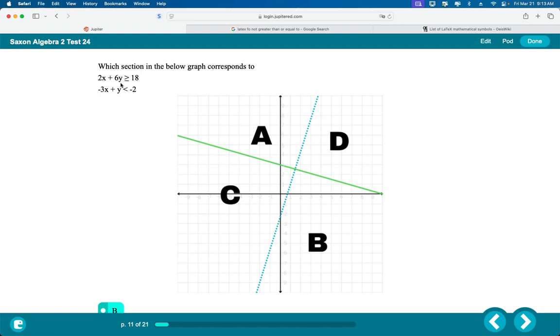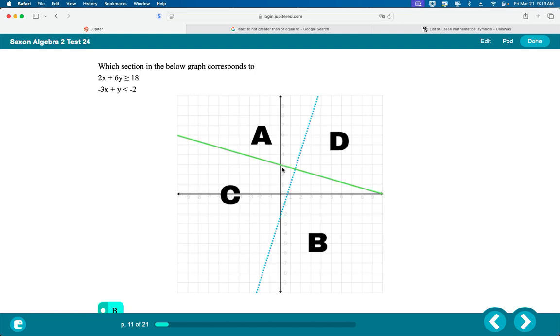So when we solve and we say y is greater than or equal to, that's the green line because it includes the equal to, means it includes the line, so it's a solid line, not a dotted one. So for this green line, y is going to be greater than, so we want the values that are bigger on the y-axis than where this splits the y-axis.